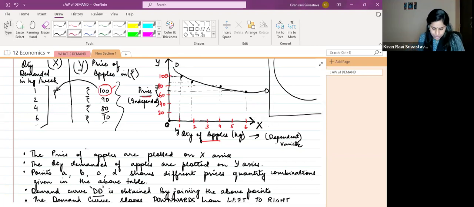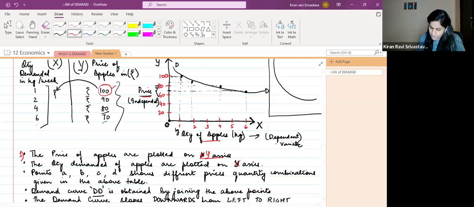Look at this. First point. The price of the apples are plotted on the x-axis. Sorry. The price of the apples are not on the x-axis, it's on the y-axis. The price of the apples are plotted on the y-axis and the quantity demanded of the apples are plotted on the x-axis.